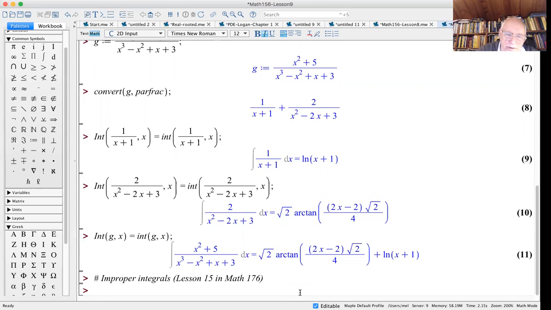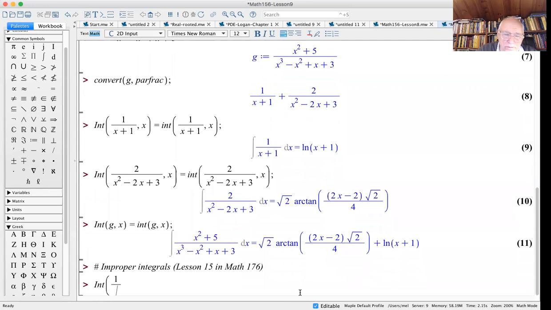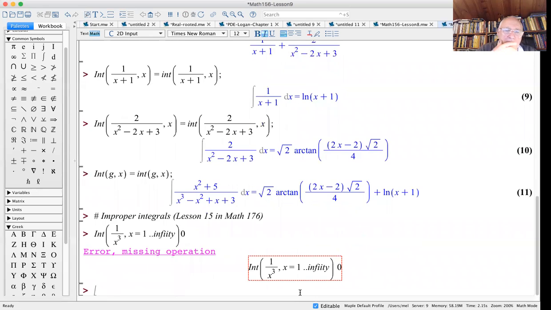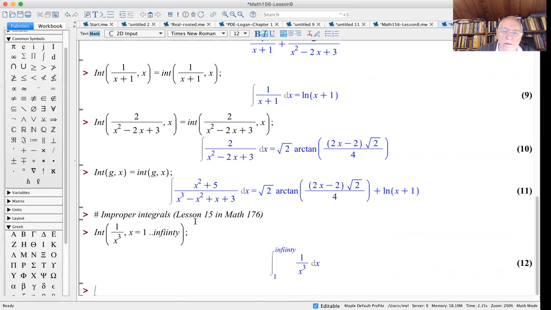You might have something like the integral of 1 over x cubed as x goes from 1 to infinity.